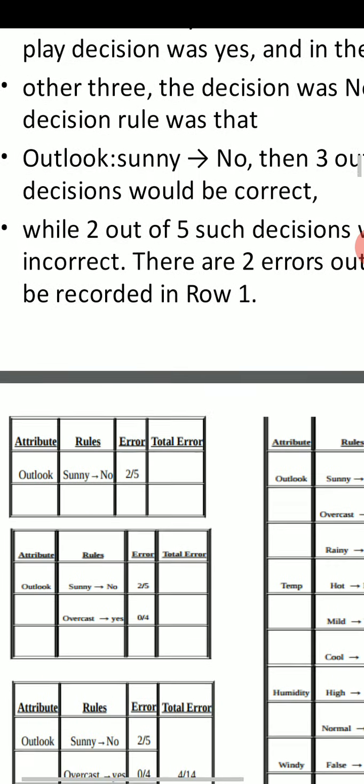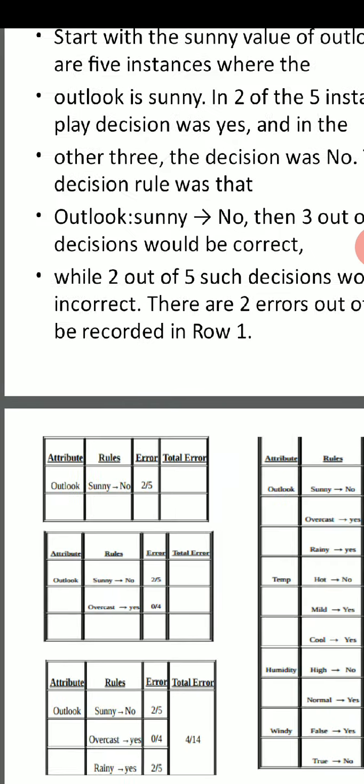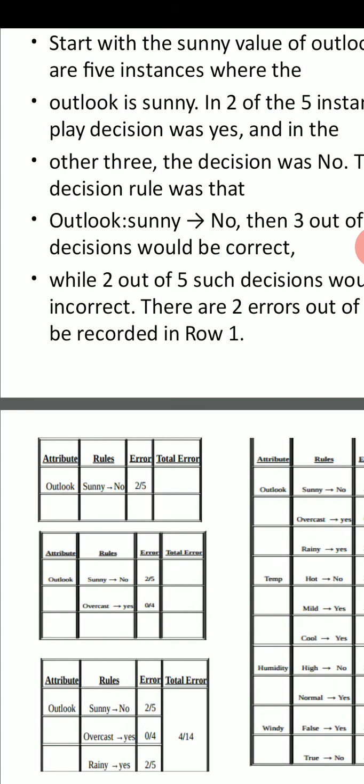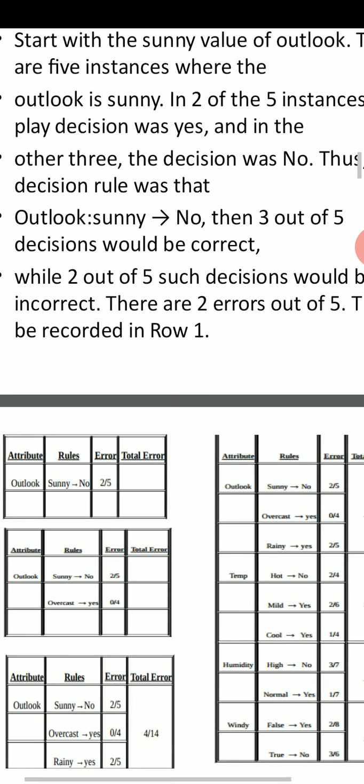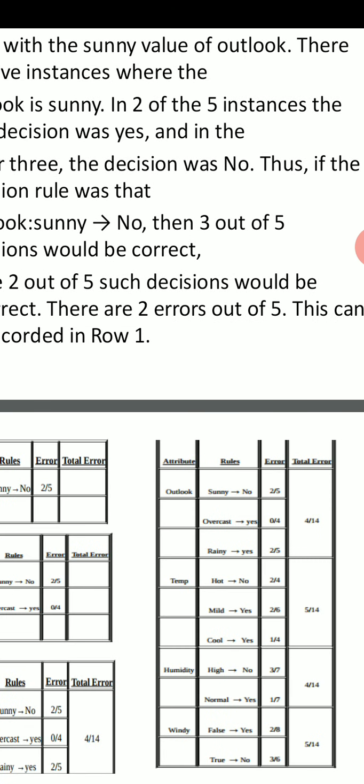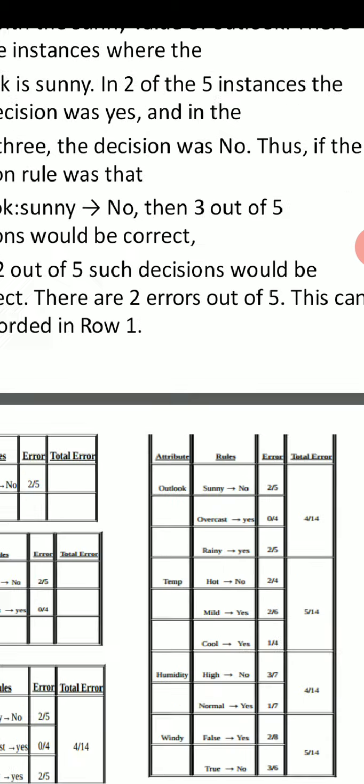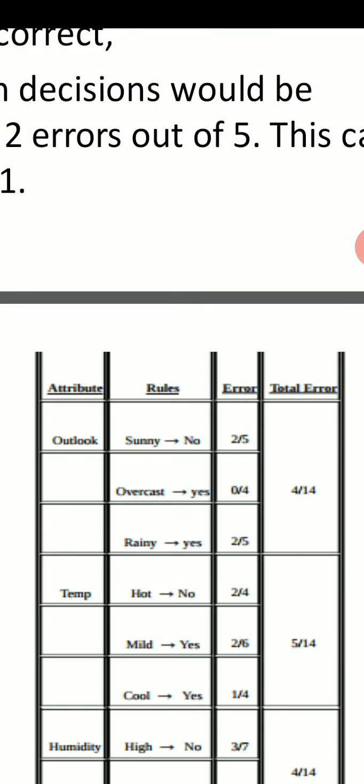So among all the instances you can check it would be yes, hence there are 0 errors, 0 by 4. And coming to rainy, again it is 2 by 5, hence the overall errors is 4 by 14, that is 2 plus 2, 4 divided by 14 instances.